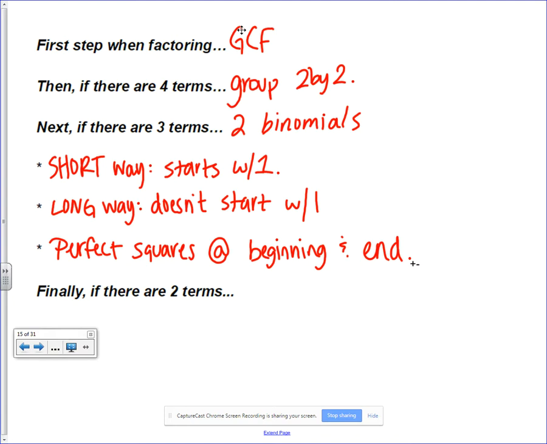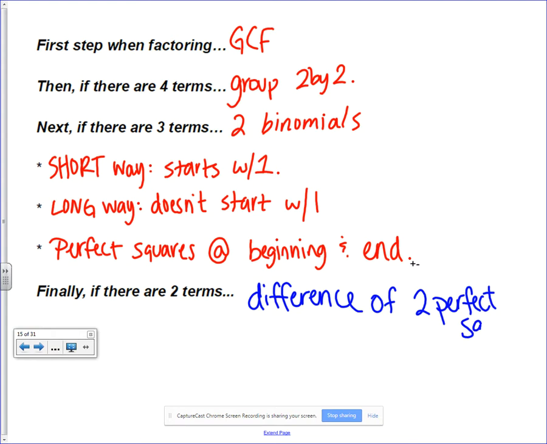There's only one way to do 2 terms. That's the difference, which means subtraction, right, of 2 perfect squares. If you have the difference of 2 perfect squares, you're going to make conjugates.